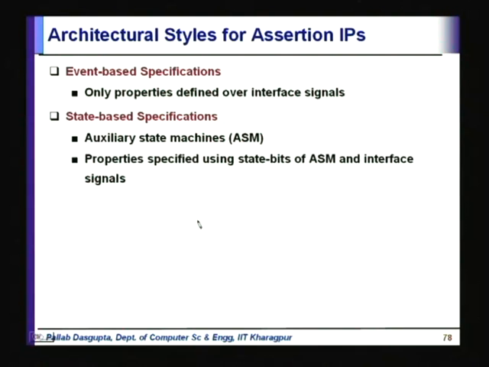Now, we are going to look at the styles for writing assertion IPs. Assertion IPs are property suites. When you have a specification and you want to build a set of properties for that particular specification, then the set of properties that you write is called an assertion IP. And assertion IPs for most of the standard protocols are today available in the market. So, you have assertion IPs for the ARM AMBA protocol suite, which is the ARM processor buses protocol.